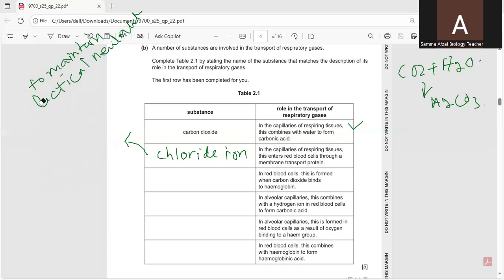Next, in the red blood cells, this is formed when carbon dioxide binds to hemoglobin. When carbon dioxide binds with hemoglobin, it forms carbamino hemoglobin.